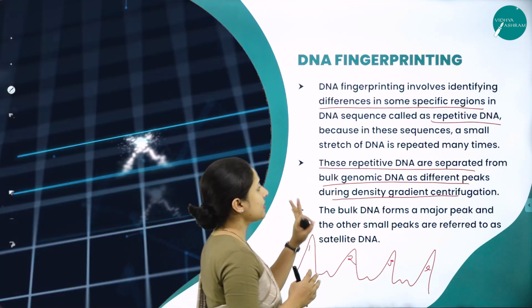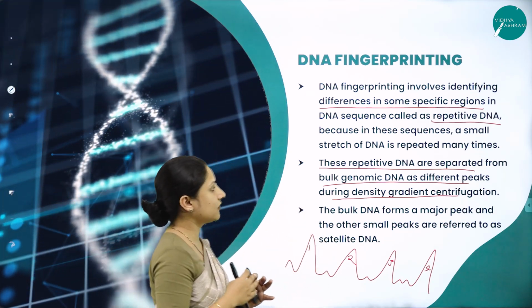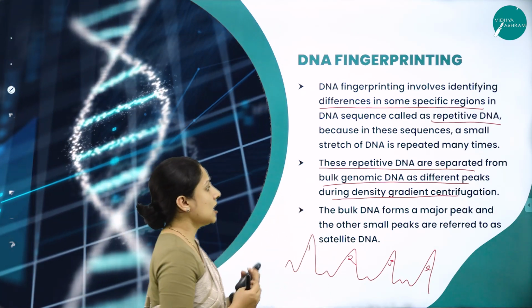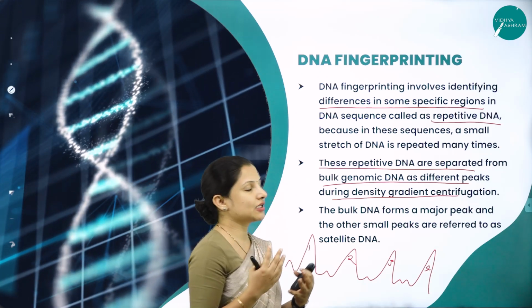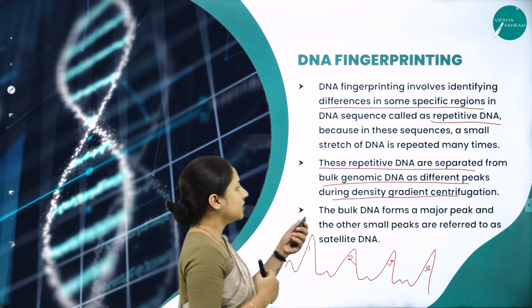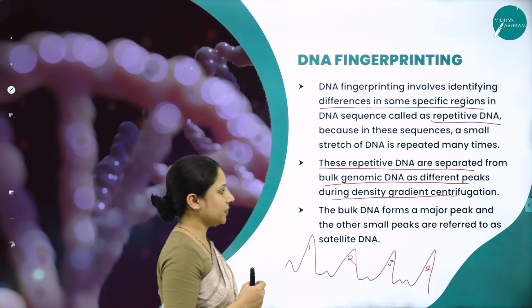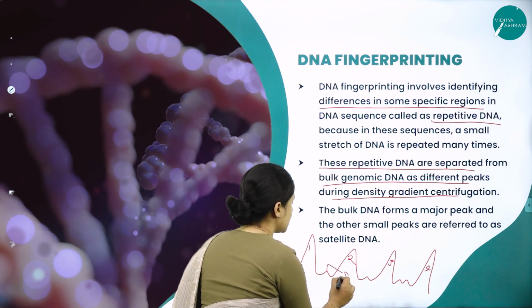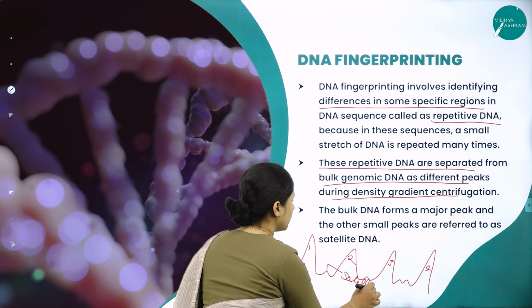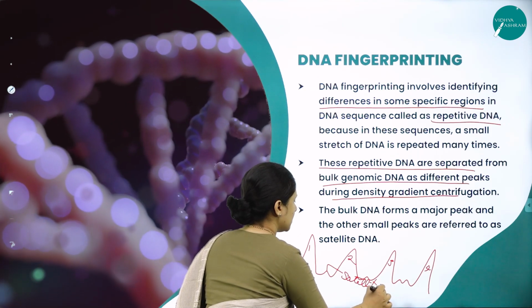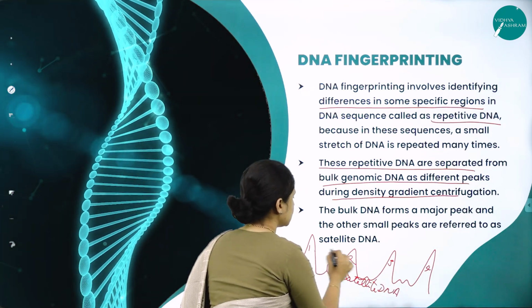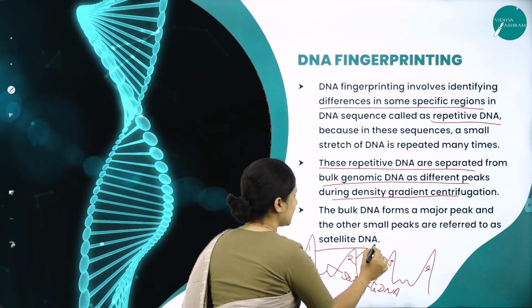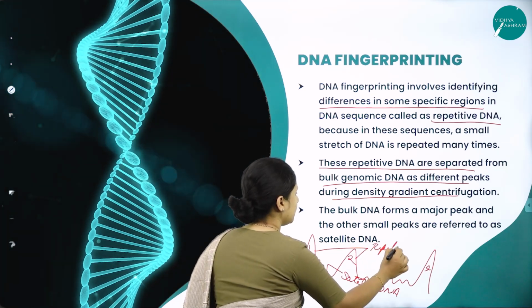The repetitive DNA is separated from bulk genomic DNA as different peaks during density gradient centrifugation. The bulk DNA forms a major peak, and the other small peaks are called the satellite DNA. Now, these we can call the satellite DNA. The other ones which form the highest peaks are called the repetitive DNA.